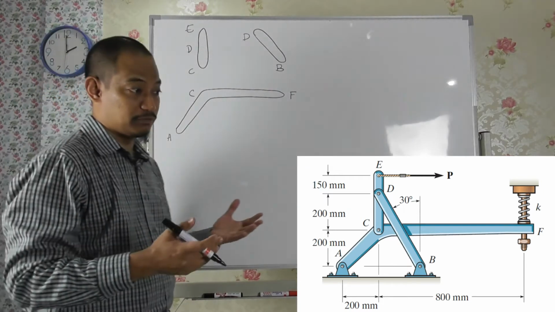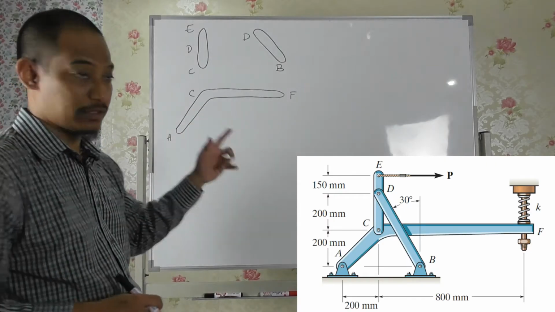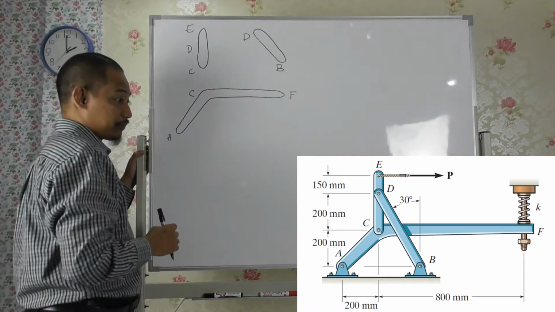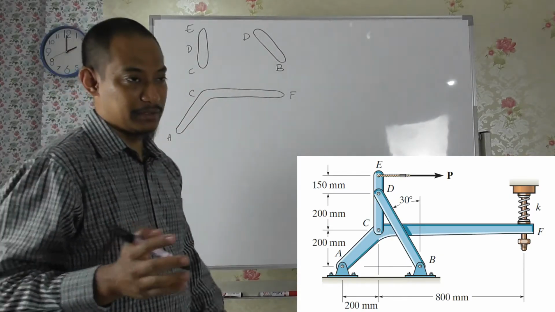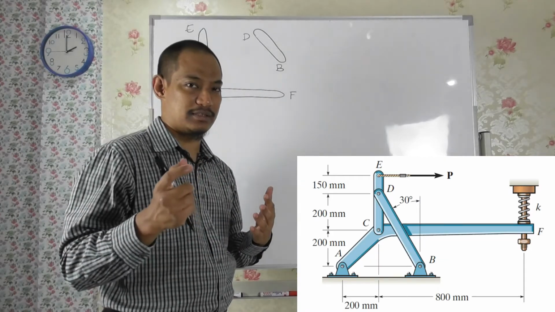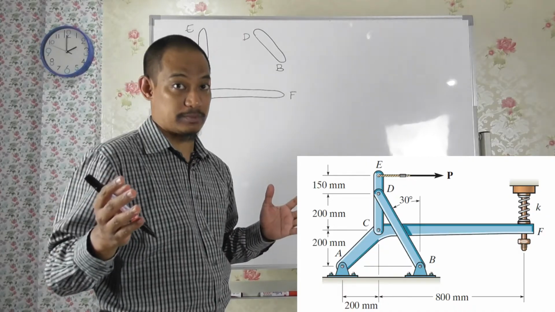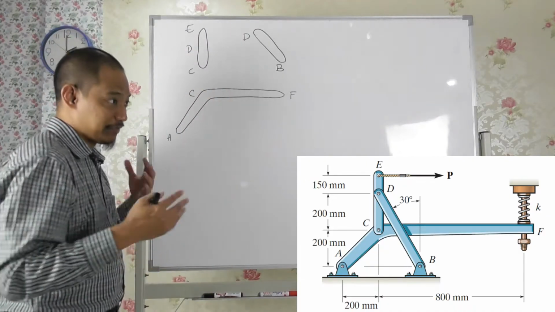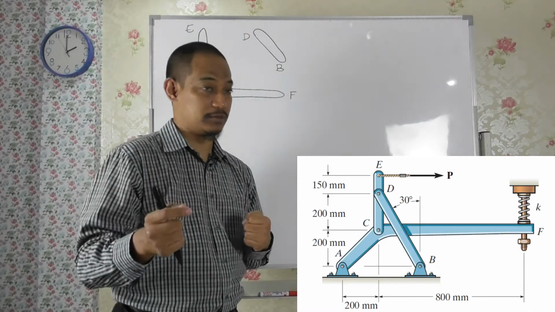Of course, when you draw the free body diagram, first draw the outline and then draw all the forces and label them properly. First thing first, in trusses you have to try to identify whether there is any zero force member, because otherwise everything is a two force member. But in frames, you normally have to identify whether there are two force members.